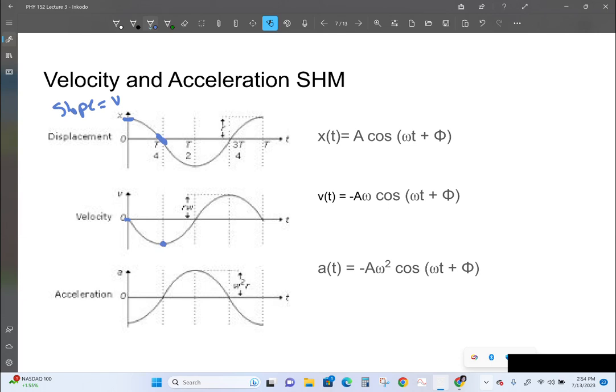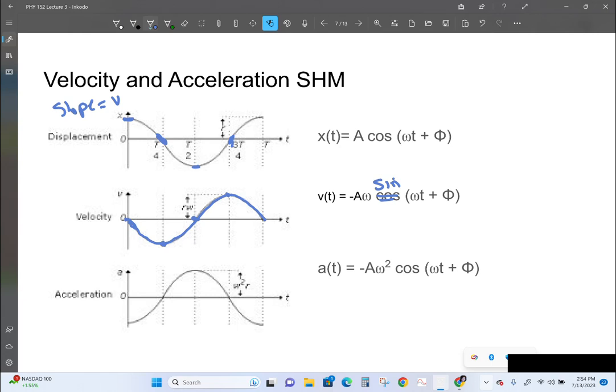So velocity would plot here. The slope here is 0. Slope here is maximum positive. Notice that for this cosine graph, the velocity looks like a sine graph, but it's an upside down sine graph. So this would be negative A omega sine of omega t.